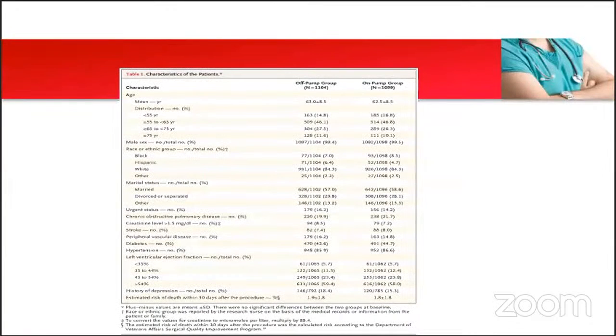And if we looked at the baseline characteristics for patients, majority of them were elderly with mean age of 63, 62 years of age. And majority of them, nearly 99%, were male patients.